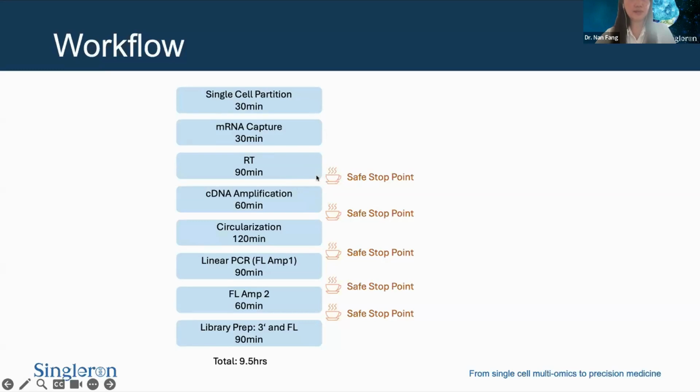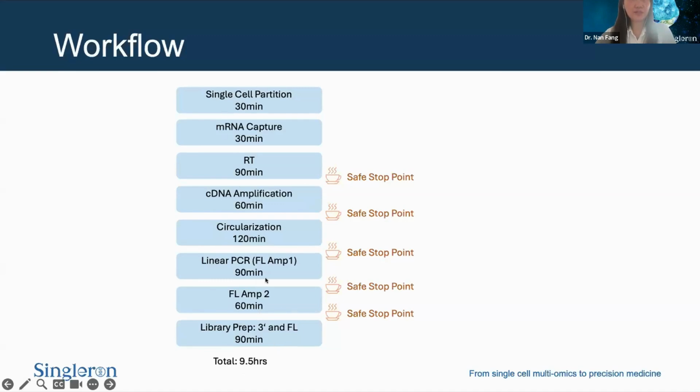So those are quite standard as in any single-cell RNA sequencing workflow that we have. And after RT, there's cDNA amplification. And then the amplified cDNA can be made into a sequencing library either directly or go through circularization and PCR, and then another library prep to generate the 5' library.